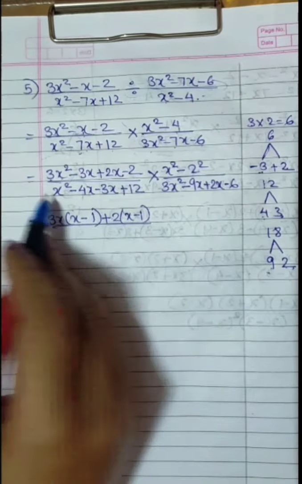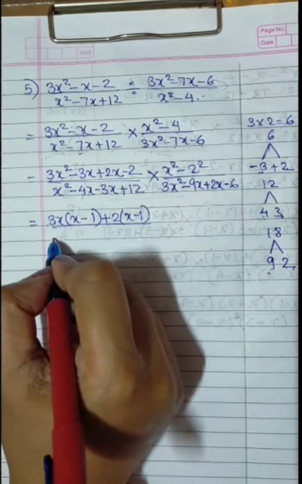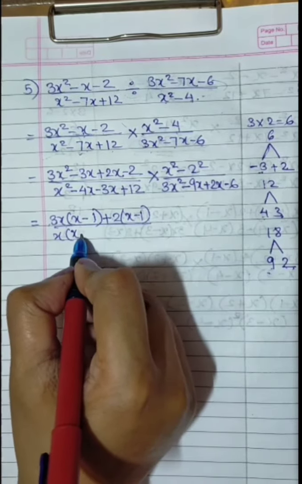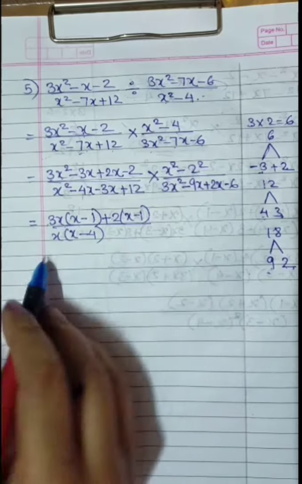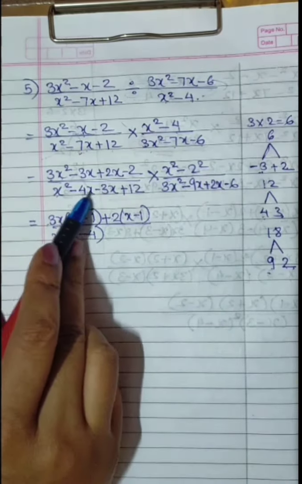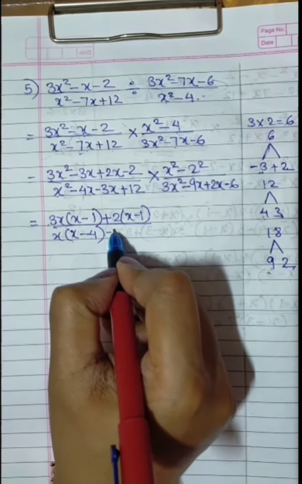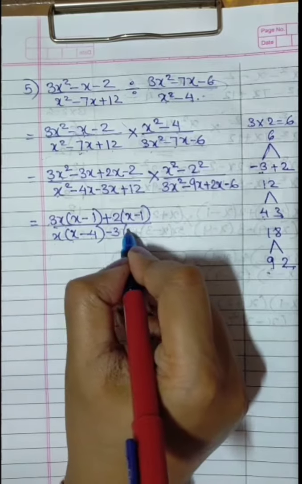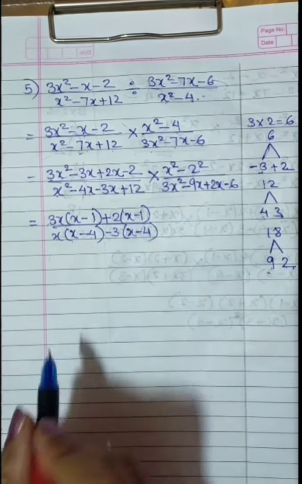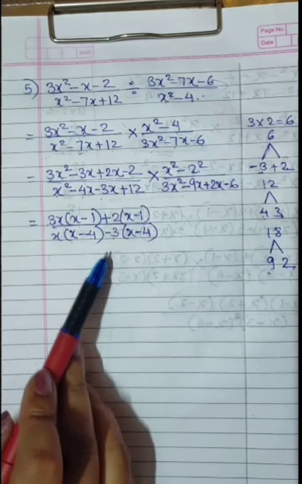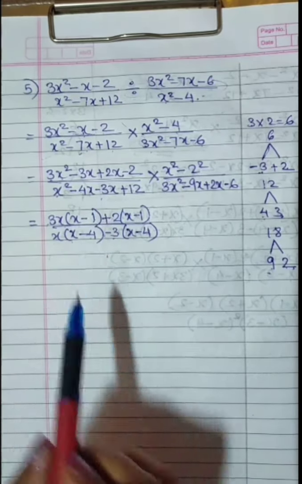Now down you can see x is given, another x will come inside the bracket, x minus 4. Okay, x into x is x square, minus x into 4 is 4x, again minus 3. Okay, now minus 3, after that same bracket will come, x minus 4. You can see 3 into x is 3x, and 3 4s are 12, minus minus is plus.